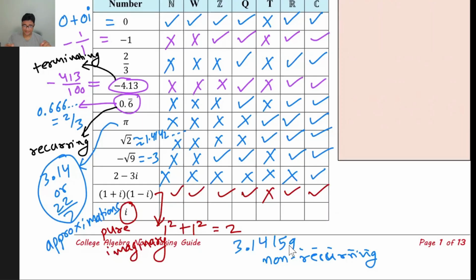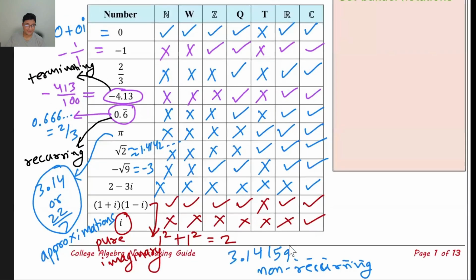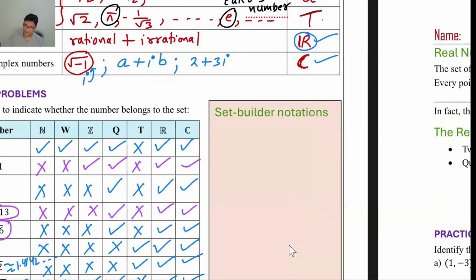More about that later. But if you have only i, we call it pure imaginary. It's a complex number, and it doesn't belong to any of these categories. That is the classification of those numbers.